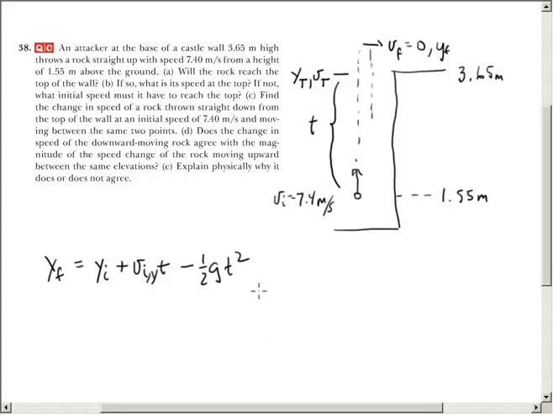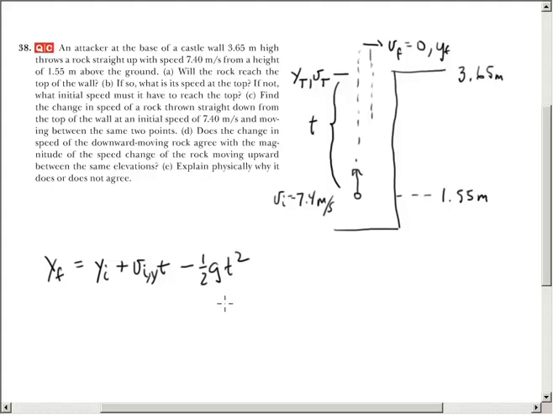Now, what we don't know is the time. We know VIY, we know g, we know YI. If we had the time, we could, in fact, determine whether or not YF was high enough to be higher than the top of the wall.